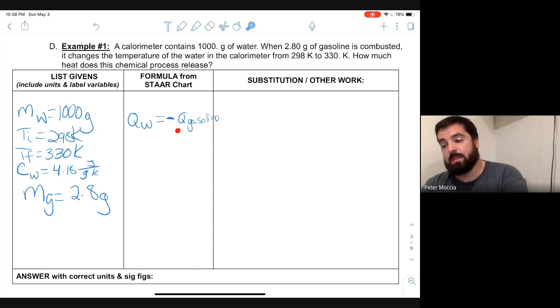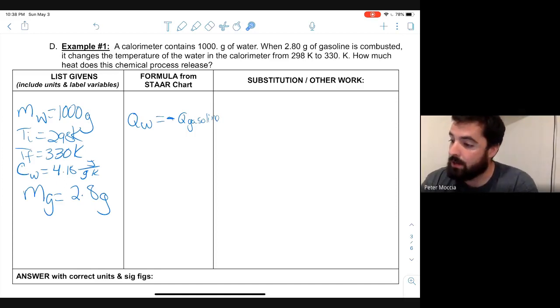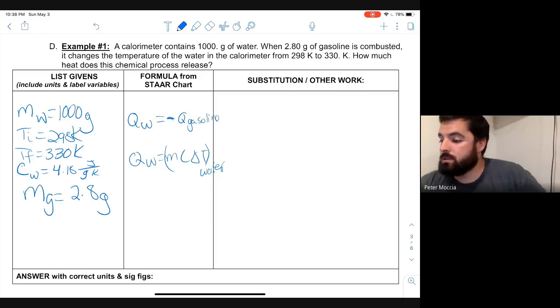Based on this, we can figure out how much heat the gasoline loses. We know that the Q of water is just going to be MC delta T of the water. So we can say QW is equal to MC delta T.